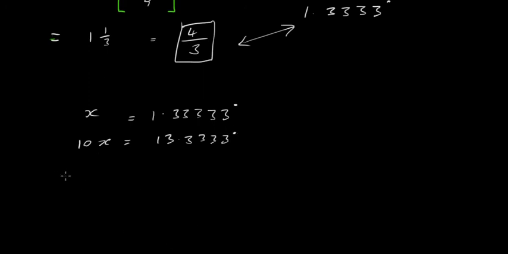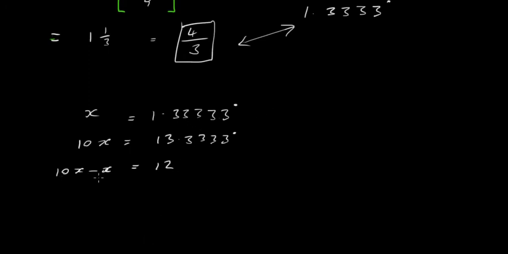Subtract the two, so I'm going to take 10x minus x. So I'm going to take this minus this. So that's all of this minus this, and you can see that you'll end up with 13 minus 1, which is 12, and all of these 0.3s minus all of these 0.3s will just give me 0. So I just end up with 12. So 13.333 minus 1.333 will just give me 12.